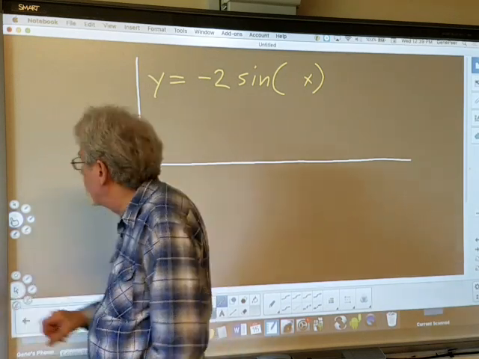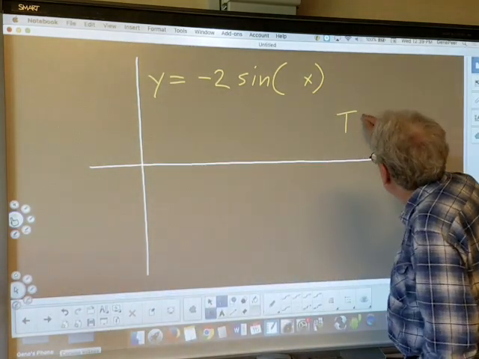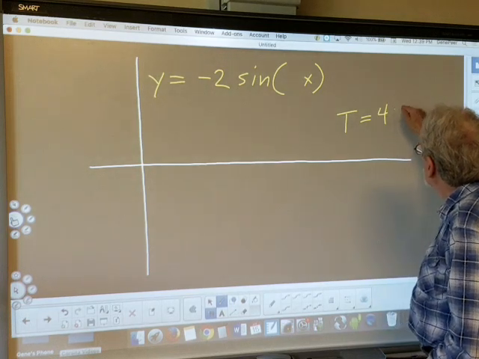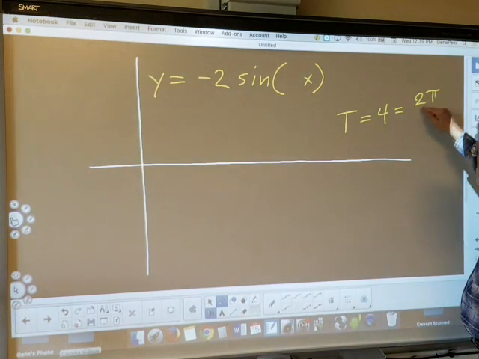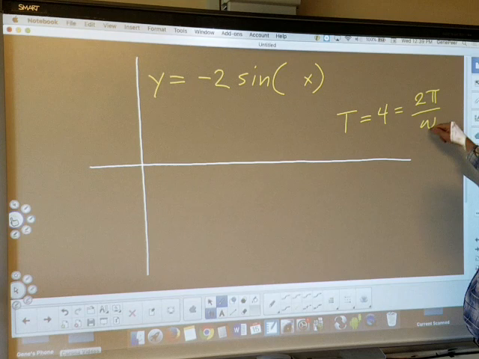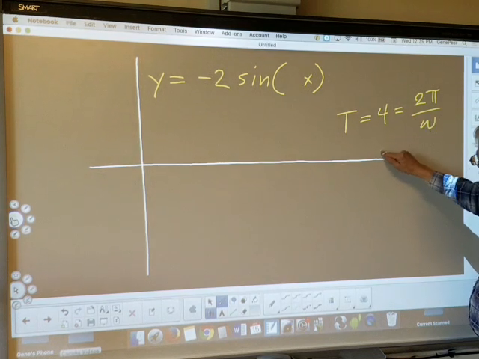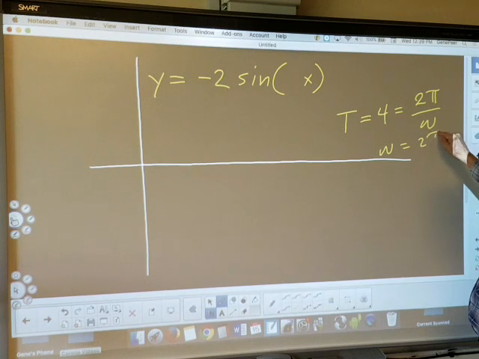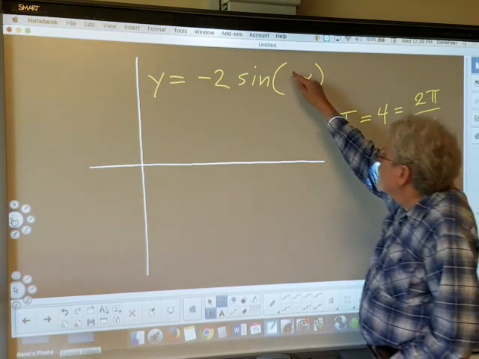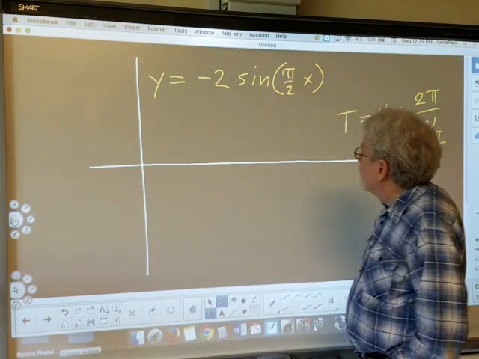So the period is 4, which is 2 pi over omega. Solving for omega, multiply by omega, divide by 4. Omega is 2 pi over 4, otherwise known as 1/2 pi, otherwise known as pi over 2. There it is.